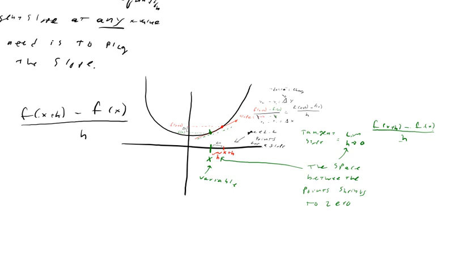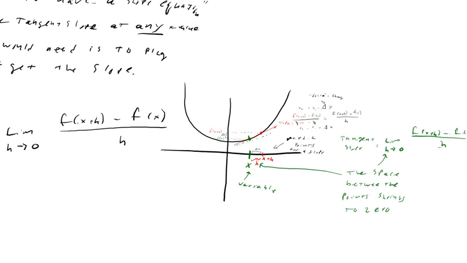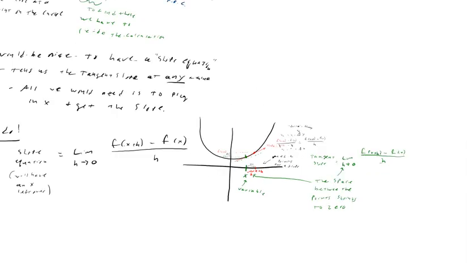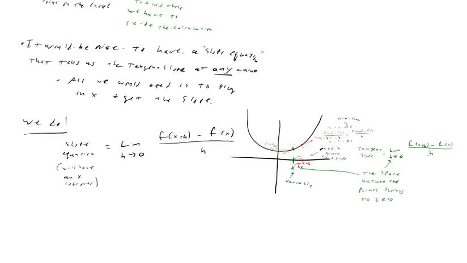Okay? So that's the idea behind what this situation leads to. The slope equation comes from this limit as h approaches 0 of f of x plus h minus f of x over h. So let's put this into practice.